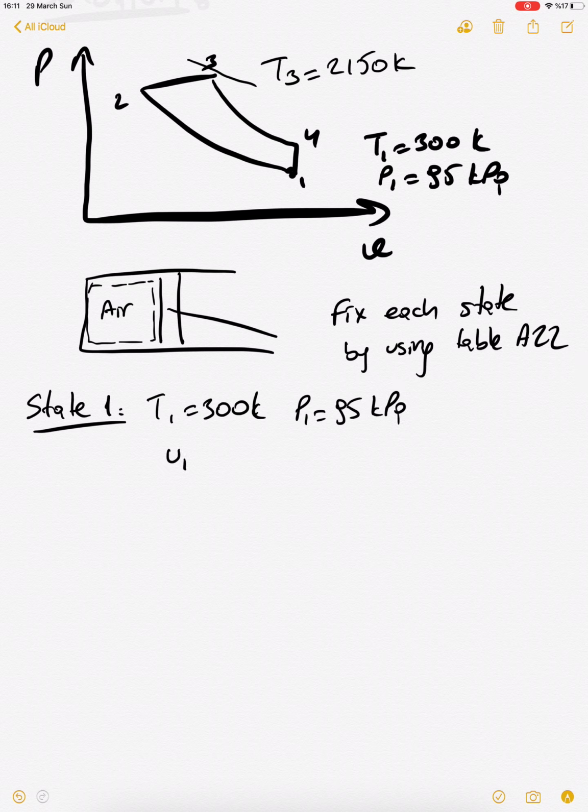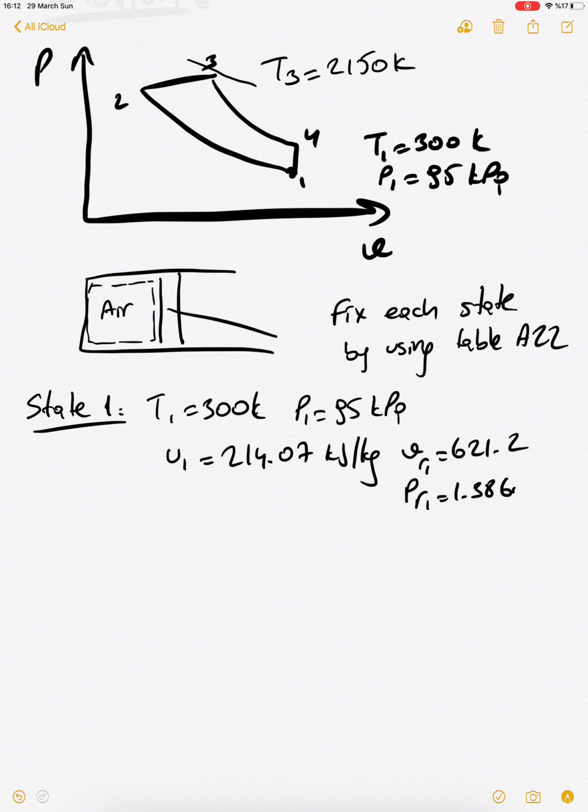Therefore U1 is read from the table in kilojoule per kilogram, and we can look at VR1 as 621.2, PR1 as 1.3860.